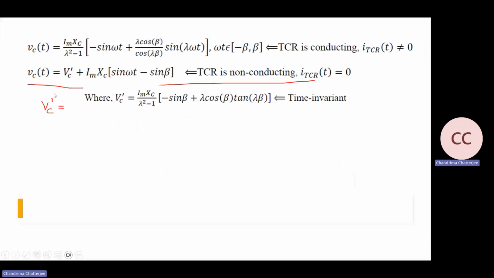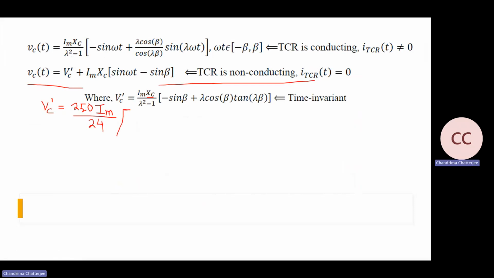Okay, now what we need to find out is just replace the values. So first we can find out what is VC dash. Im we don't know, but we know the value of XC. That is 250, it was given. And lambda was 5. So lambda square minus 1 will be 24, right?